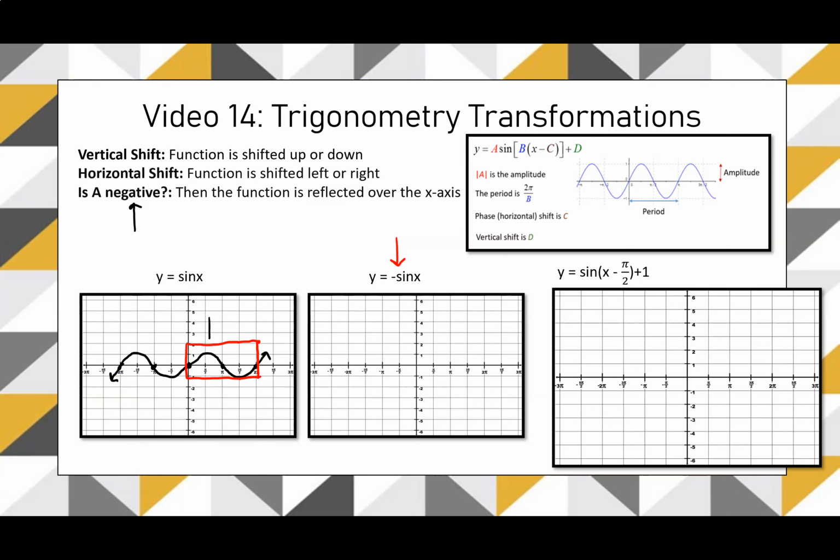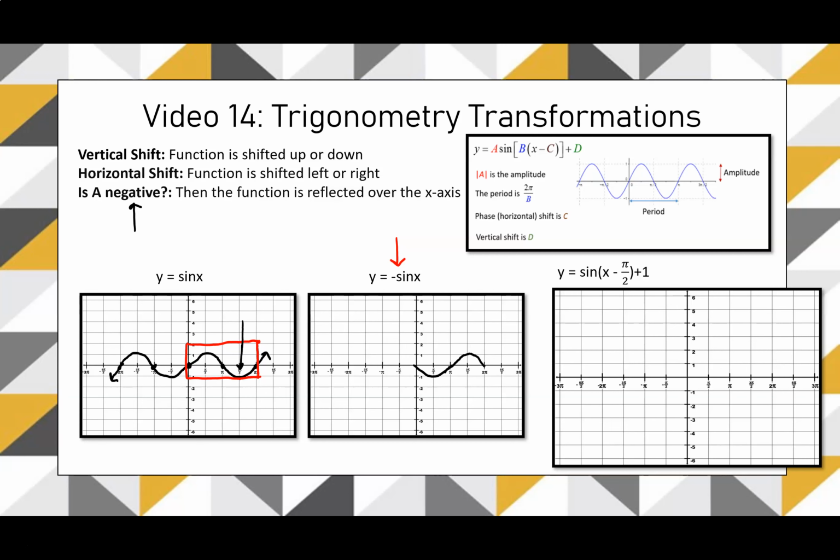So notice here that we start up. Well, actually, if we were to reflect that over the x-axis, I should get this. Do you see how this reflected over the x-axis becomes this? And then here, I'm below the line. If you reflect that over the x-axis, it actually comes up above, just like that.